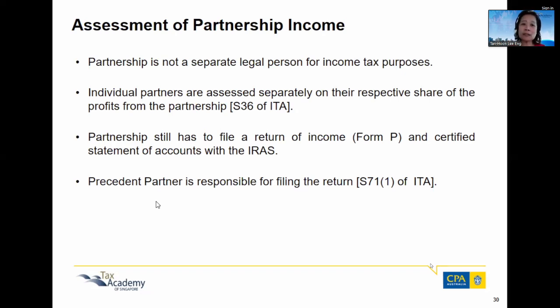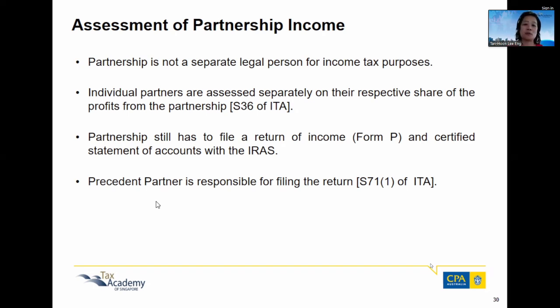If the precedent partner has his own, maybe another trade, sole proprietorship income, he would have his own Form B. He will have to file his sole proprietorship income in the Form B under trade. He will also have to file the partnership income in the Form B, which means to say that the precedent partner has to file two income tax return forms. One is the Form P for the partnership, and another one is his own individual Form B.